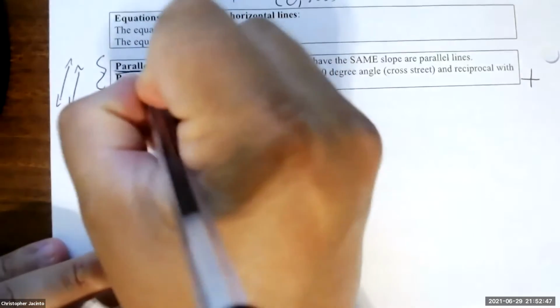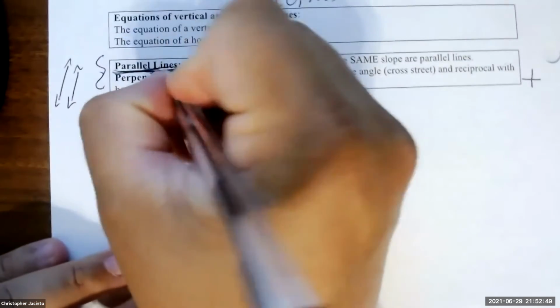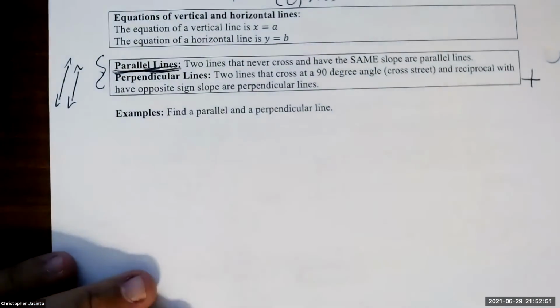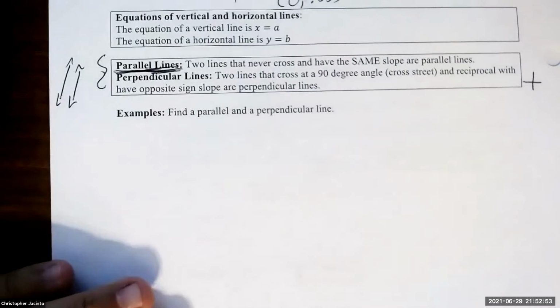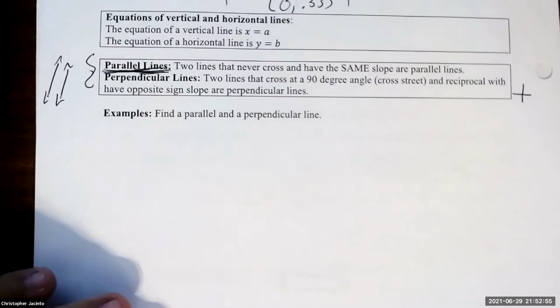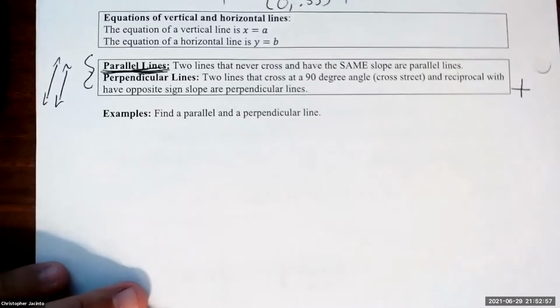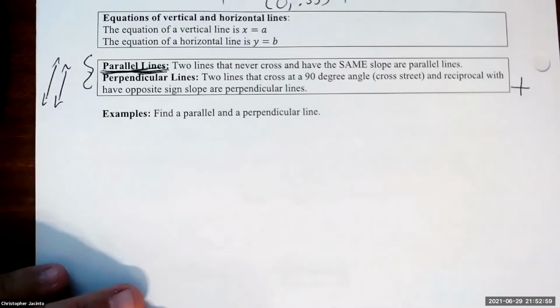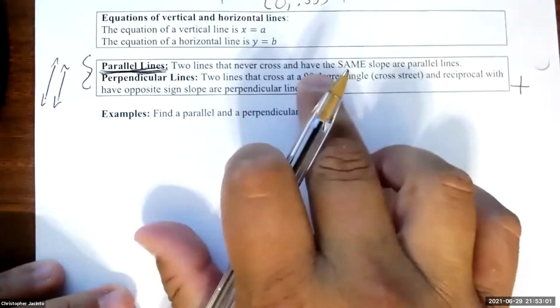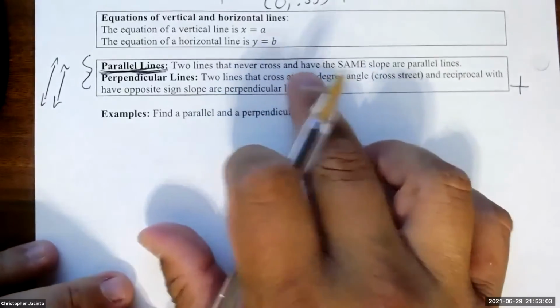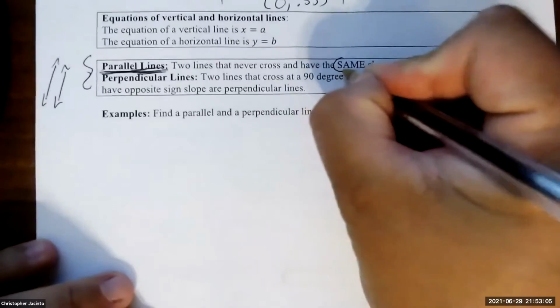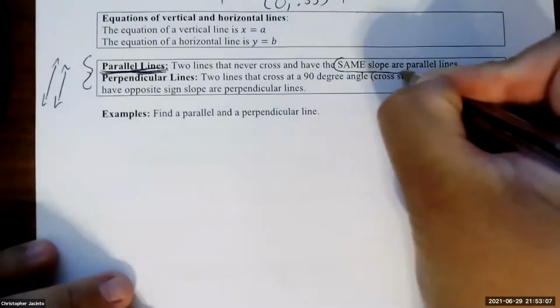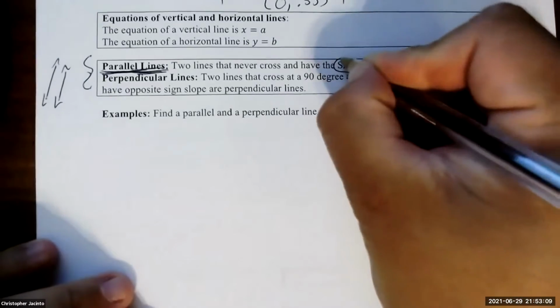Okay, so the question is, if I'm given a line, how do I find another line that's also parallel? Or how do I find another line that's also perpendicular to what I have? And it all goes back to two very special concepts. For parallel lines, like I said, they never cross, and the biggest thing is they have the same slope as one another.